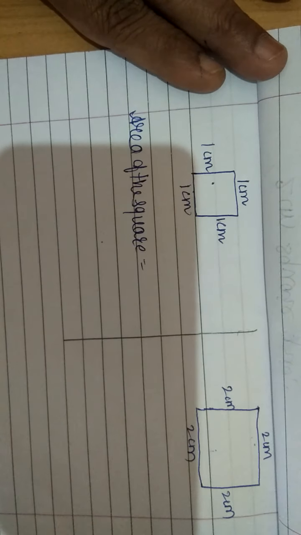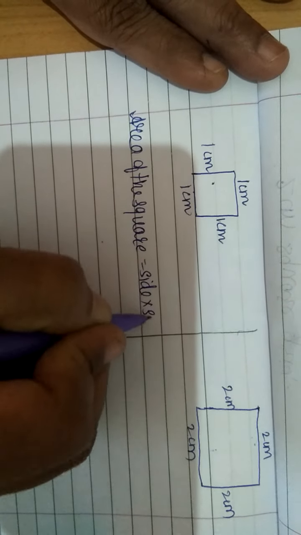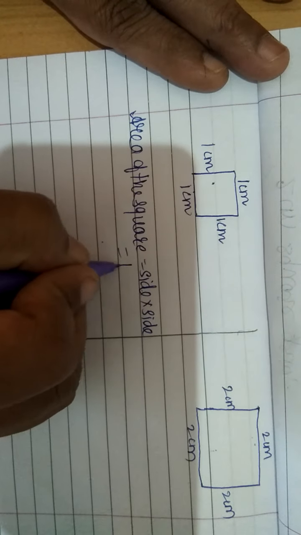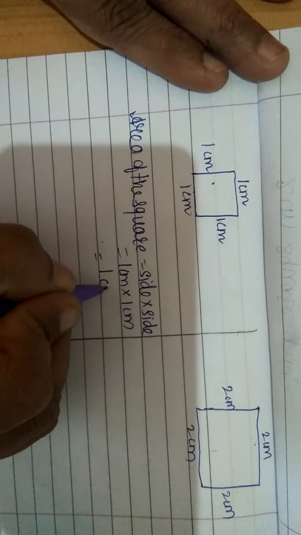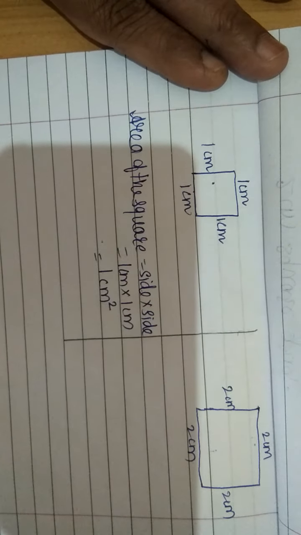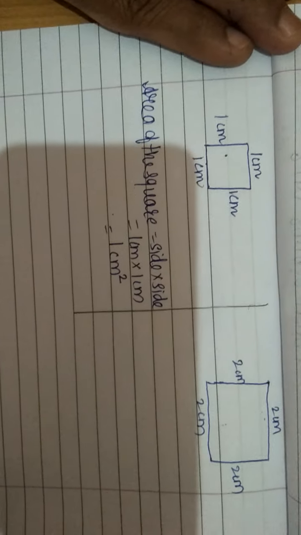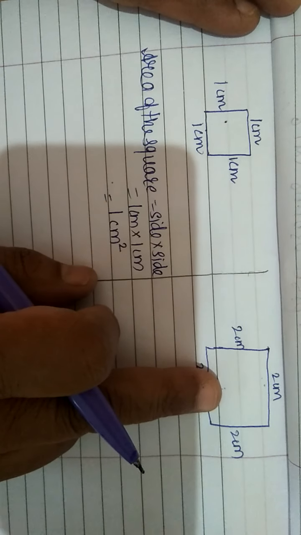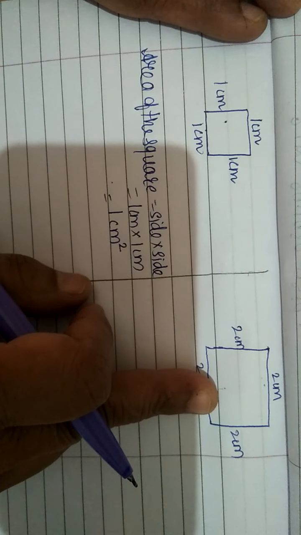What is the formula for the area of a square? Yes, side into side. Now children, what is the measurement of the side here? 1 centimeter into 1 centimeter, that will become 1 centimeter square. Okay children. Now if we change the side to 2 centimeter, that is 2 times bigger, then what will be the area?